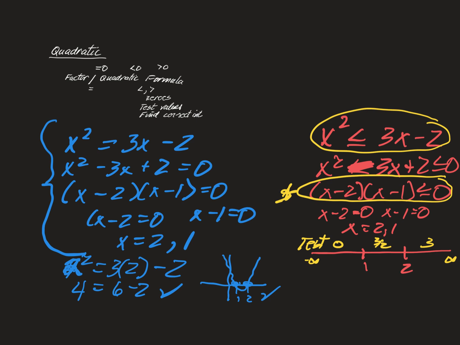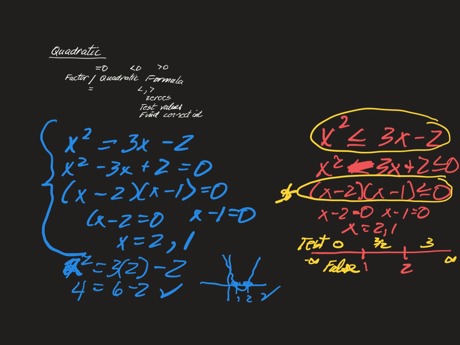So if I take 0, I get 0 minus 2 and 0 minus 1, that's negative 2 times negative 1, which is a positive 2. Is positive 2 less than or equal to 0? The answer is false.